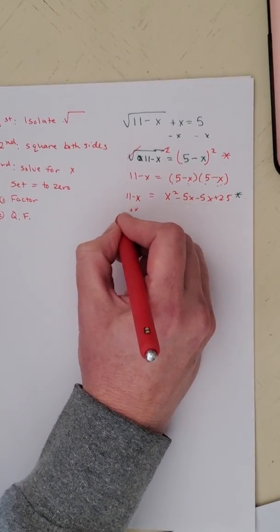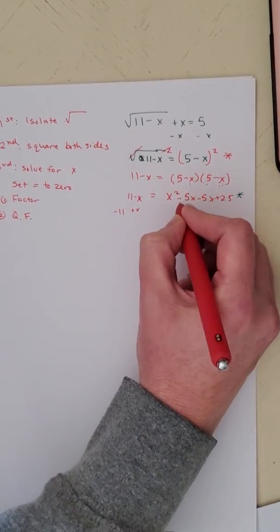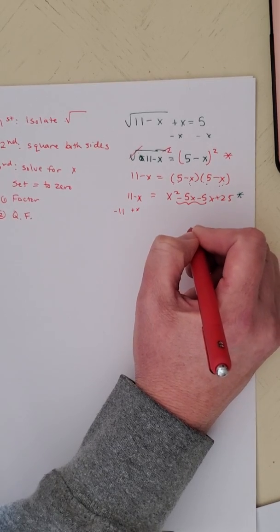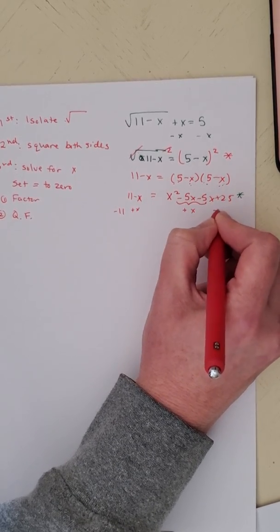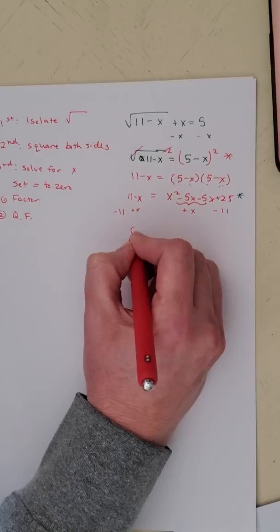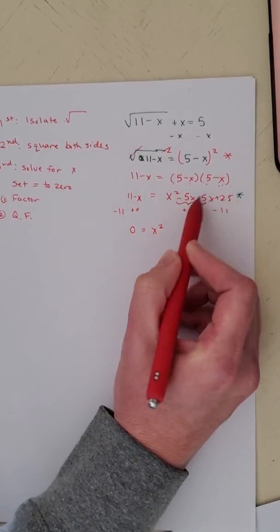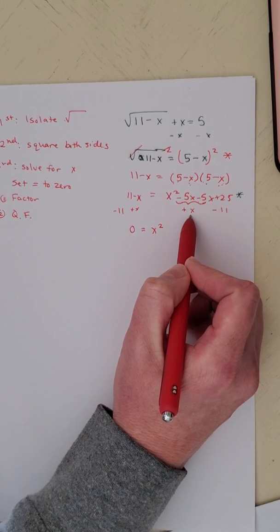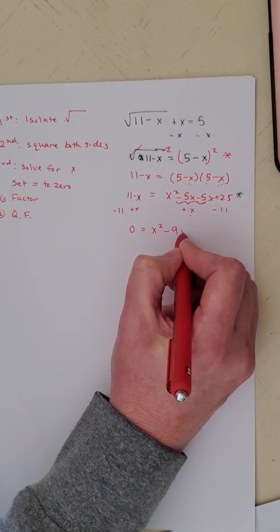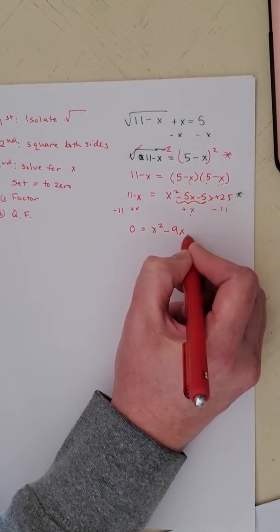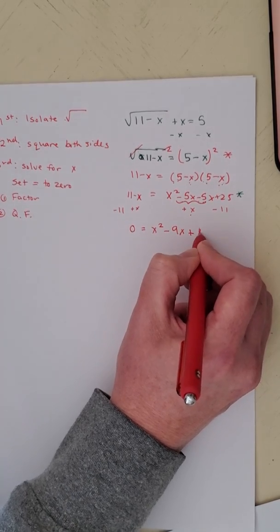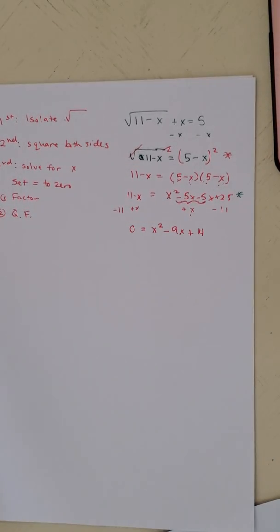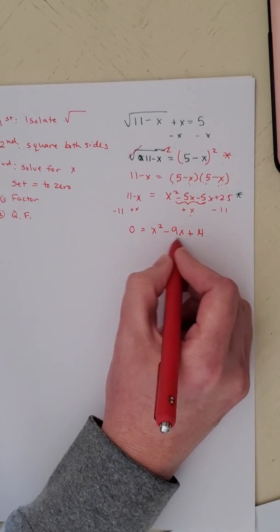So I'm going to add x to each side and subtract 11. I'm going to go ahead and combine like terms too. So this gives me 0 equals x squared, negative 10x plus 1x, which is negative 9x, and then 25 minus 11 is 14. Okay, so now we're going to see if it factors.